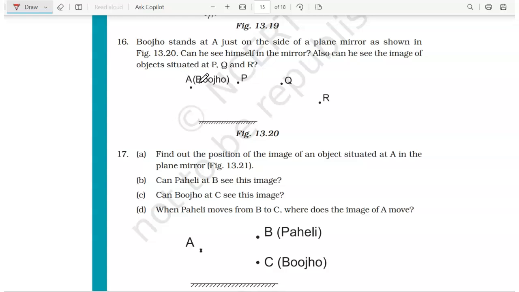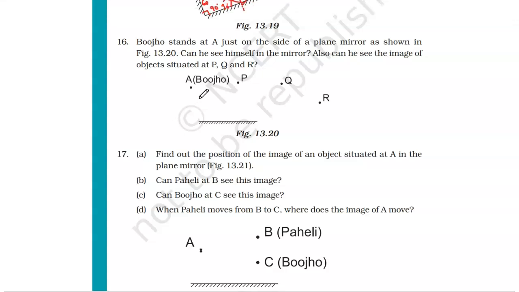Now, you see that Bujo is standing away from the mirror. He's not in front of the mirror, so obviously he can't see his own image in the mirror, as light will not be incident and reflected from him because he's away from the mirror.